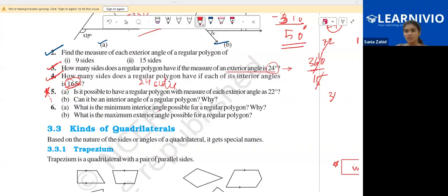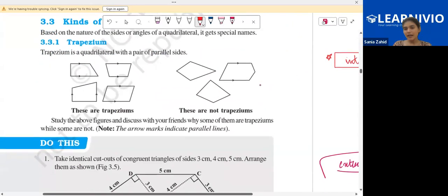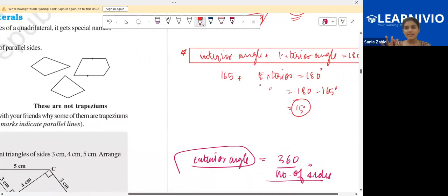Yes, Duhaa. So now you got 16.3, right? Yes, ma'am. Okay, so tell me one thing: if you're getting 16.3, can 16.3 be the number of sides? No, ma'am, how can it be a decimal? See, I can have 3 sides, 4 sides, 5 sides.